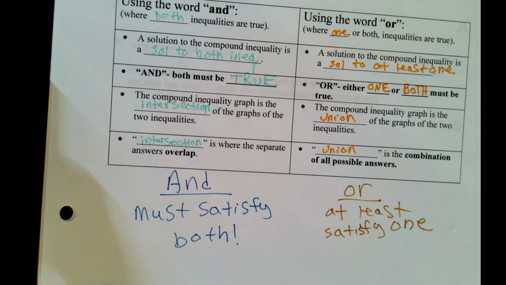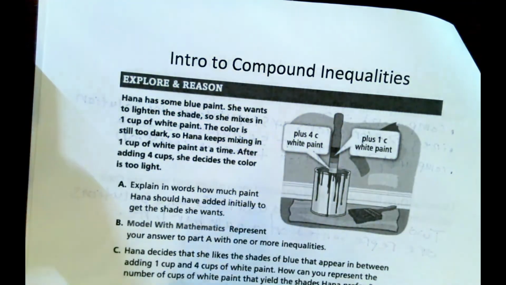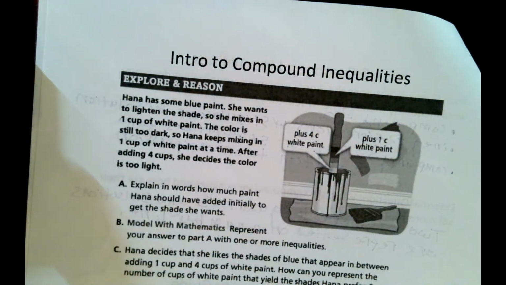Alrighty. So let's jump right in. For our little intro to inequalities, we have a really fun painting problem. Since Hannah has some blue paint, she wants to lighten the shade, so she mixes in 1 cup of white paint.